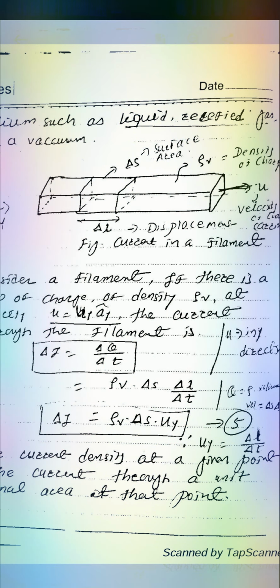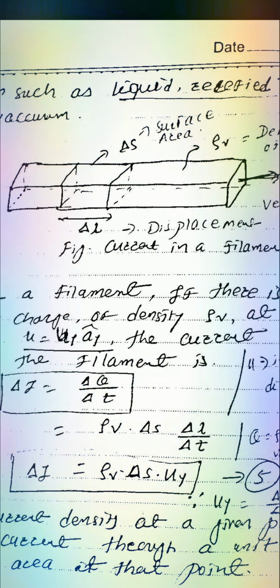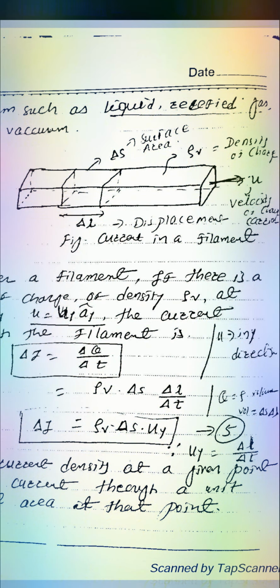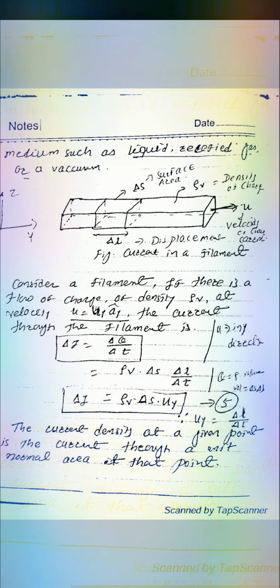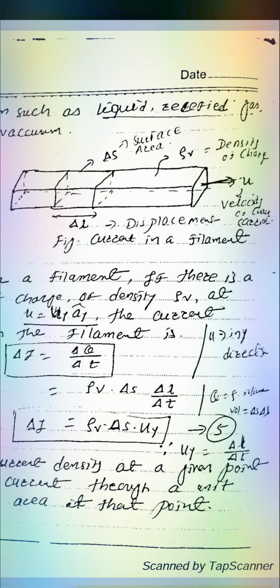It has a small surface area delta S and a small length delta L. Delta L is the displacement, rho v is the charge density, and small u is the velocity. Here dS is the surface area, dL is the displacement of the charge, u is the velocity of the charge and rho v is the density of the charge.